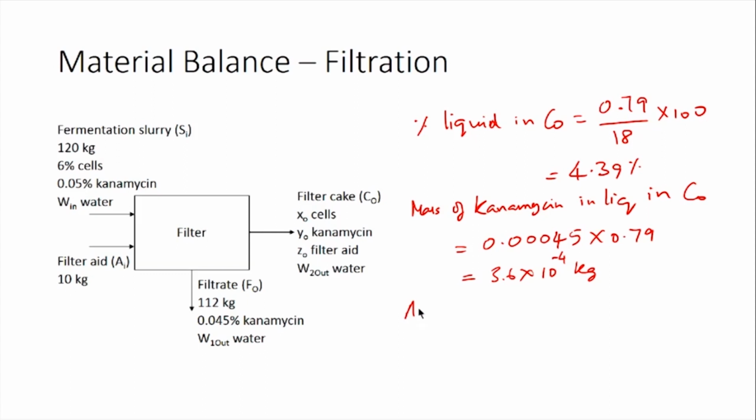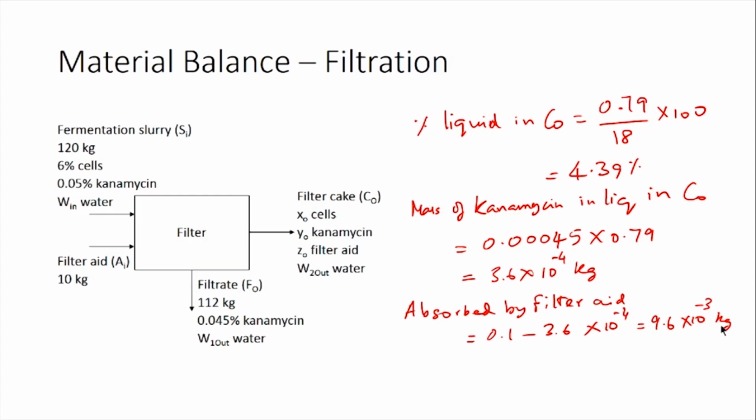So, the amount absorbed by filter aid would be 0.01 minus 3.6 times 10 power minus 4, which gives you a value of 9.6 times 10 power minus 3 kilograms of kanamycin. So, this is the total amount of kanamycin which is absorbed by the filter aid.